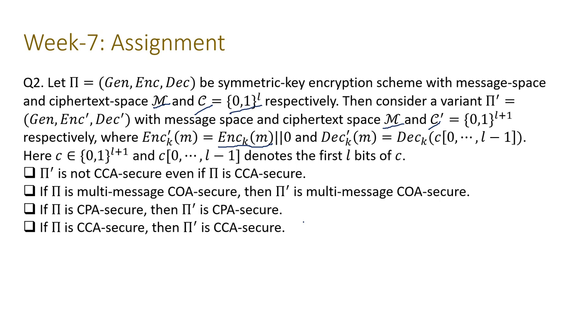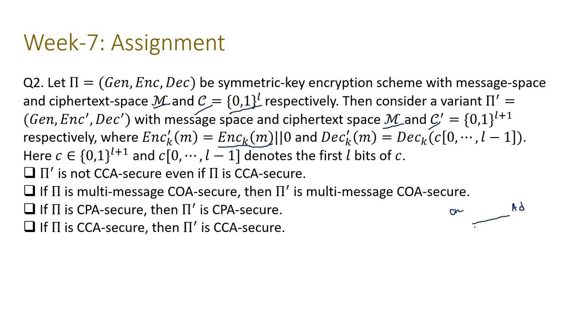So about the CCA security, let's get back to that. Basically, even if pi is CCA secure, pi dash will not be CCA secure. The reason is that we can do an attack by exploiting the decryption oracle service of pi dash. How? Let's draw the challenger and adversary.